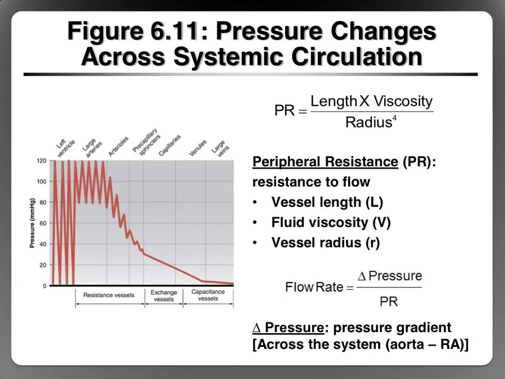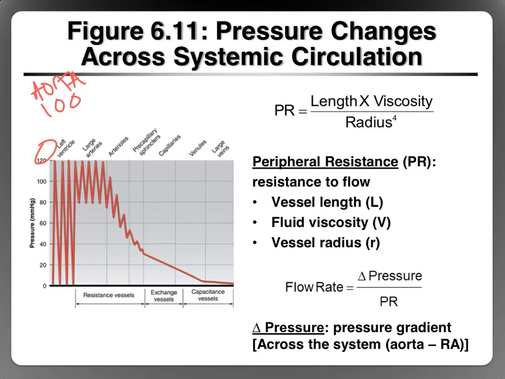So we've established that the pressure changes across the system. When you look at the pressure in the left ventricle, it's very high. It's about 120 millimeters of mercury. And we said earlier that the pressure in the aorta is about 100.